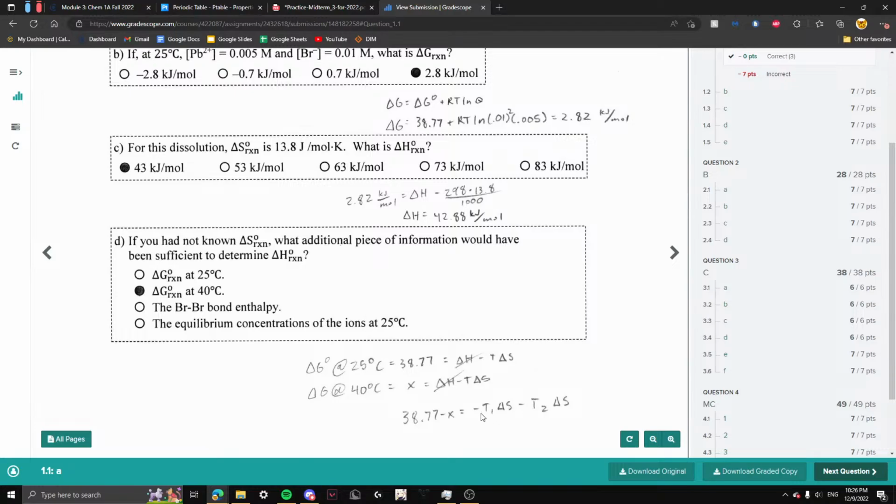So you can set them equal to each other, where it's T1 delta S minus T2 delta S, to find delta H. Because it's just like a system of equations where you have two different reference points to solve. Although our delta G's will be different, the delta H's across both of them will be the same. Yeah, you can use that to solve for delta S.